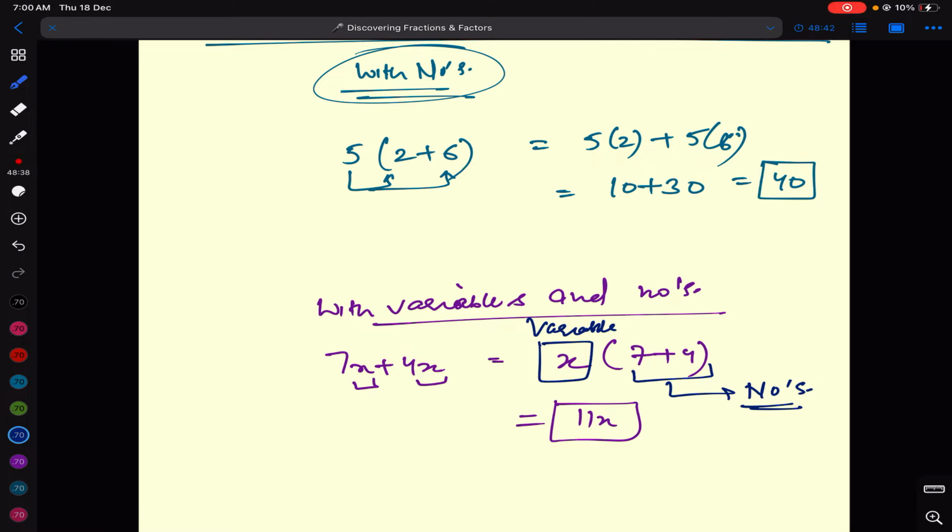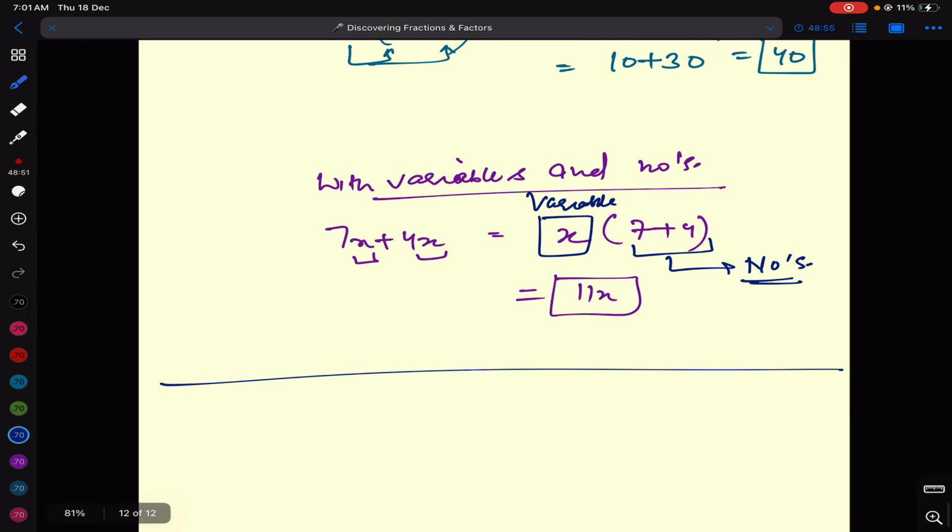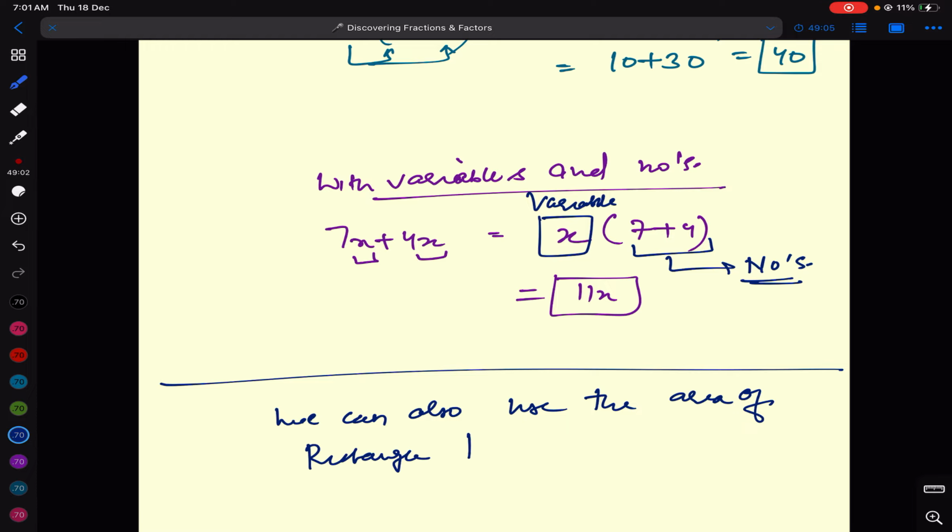Now as we have seen, we used the area of the rectangle in order to explain how you multiply a polynomial with a monomial, right? Similarly, we can also use the area of a rectangle to explain the multiplication of two binomials.